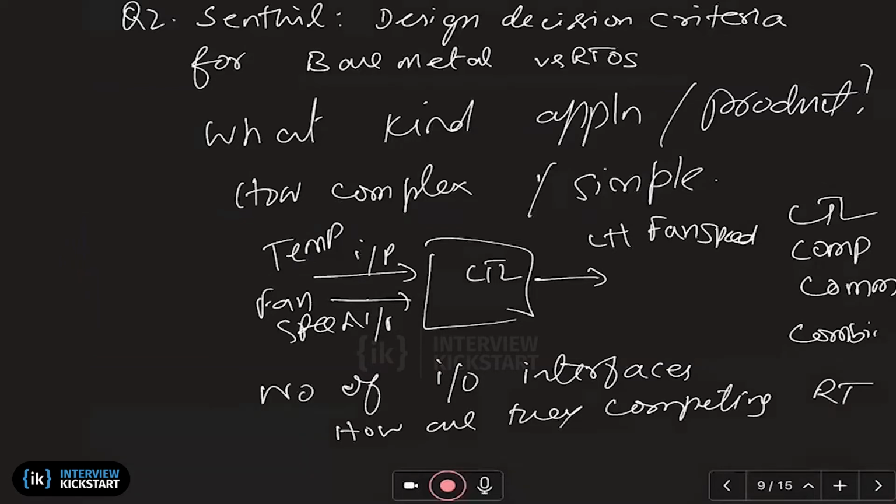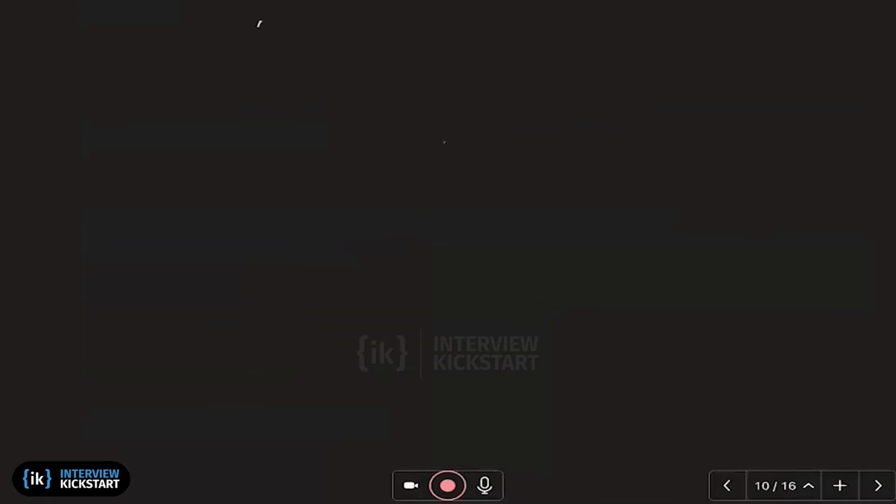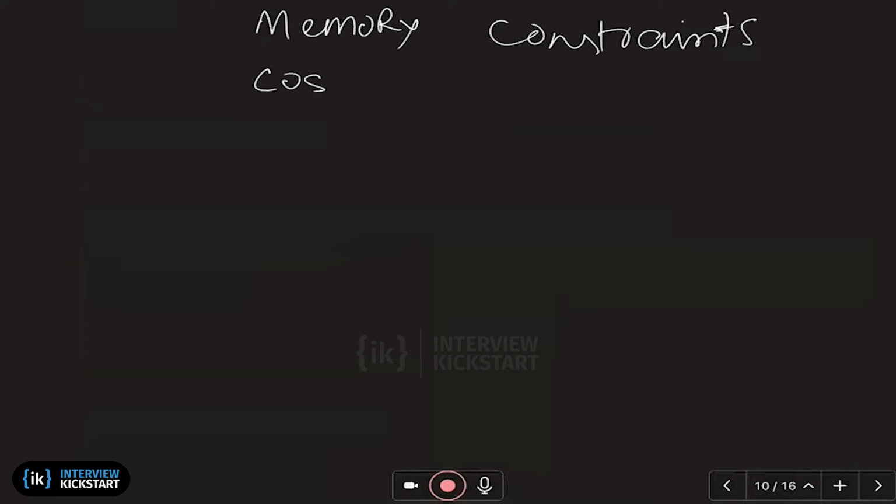Then, of course, constraints like memory constraints that you have, both code memory and RAM memory. This is another criteria you would take into account. And then cost. There are multiple costs.